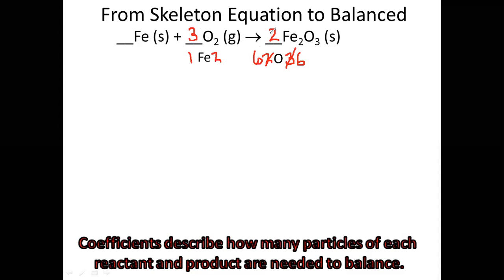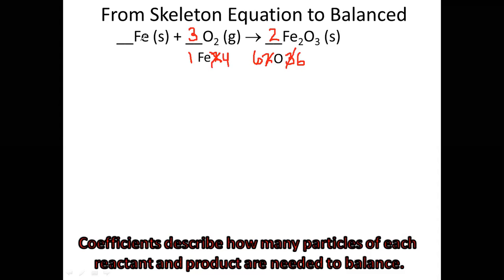Notice we had a 2 for a coefficient on the right side. That multiplies the amount of everything behind it. 2 times 2 for iron, or Fe, now makes 4 iron on the product side. So we no longer have 2, we now have 4. That means we would need 4 iron on the left side, or the reactant side.